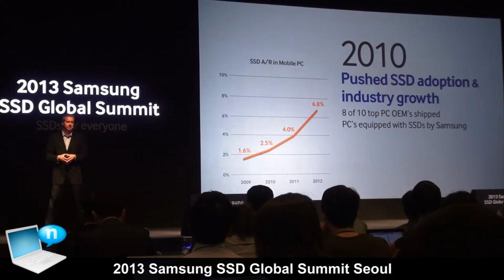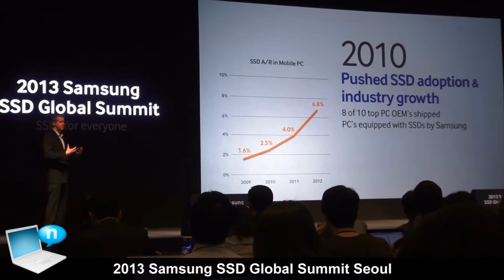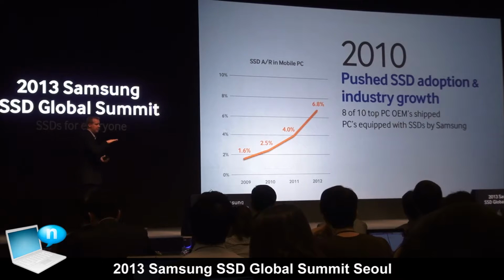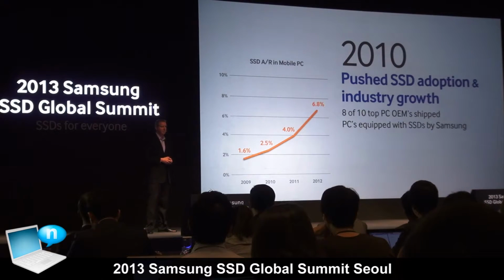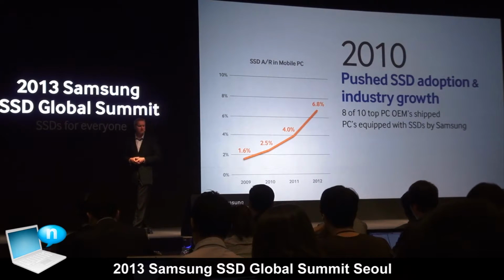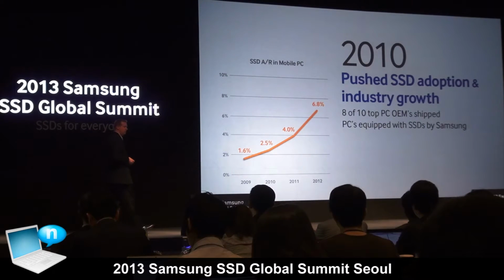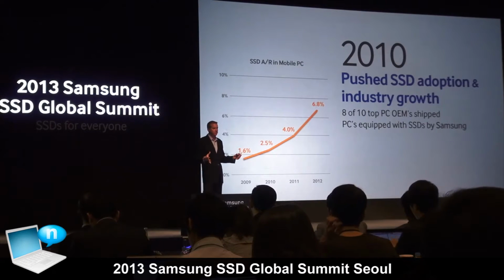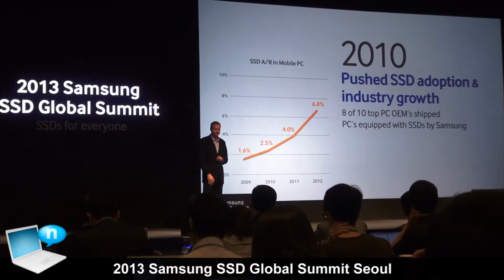And I think this is a real testament to the quality and reliability of the product, because PC OEMs are concerned about their brand, their image, these multi-billion-dollar marketing campaigns that they have. So they're very, very picky. They have very stringent quality levels, and they really only want to play with the best from a supplier standpoint, because that data is so critical when you're talking about somebody's videos, somebody's photos, basically their life story on a PC nowadays.